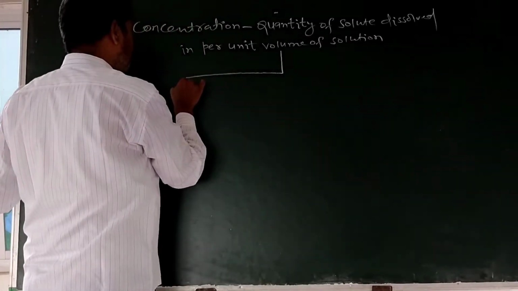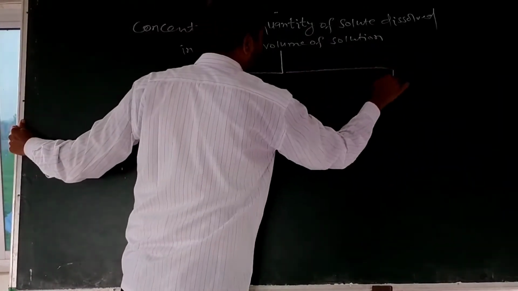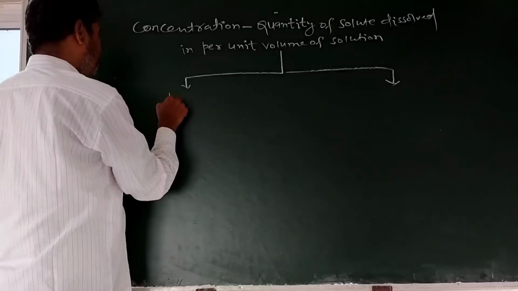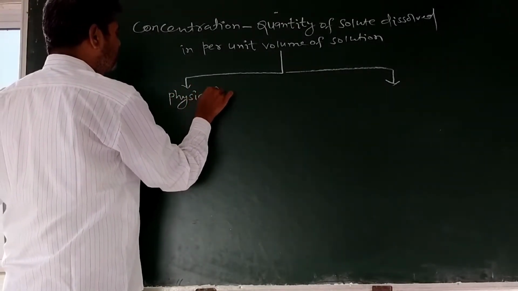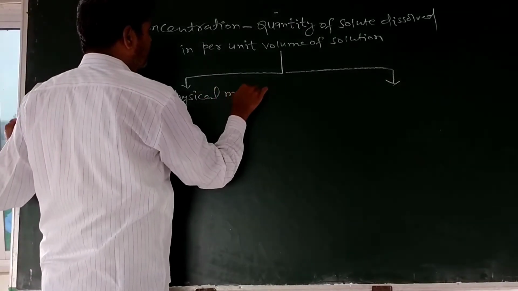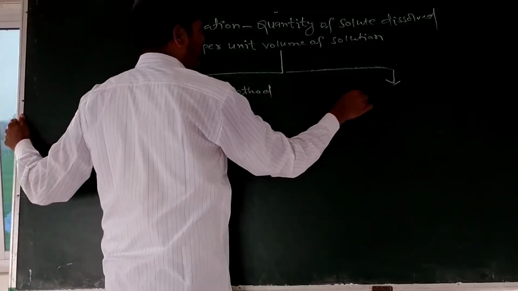Concentration is of two types, physical method and chemical method.